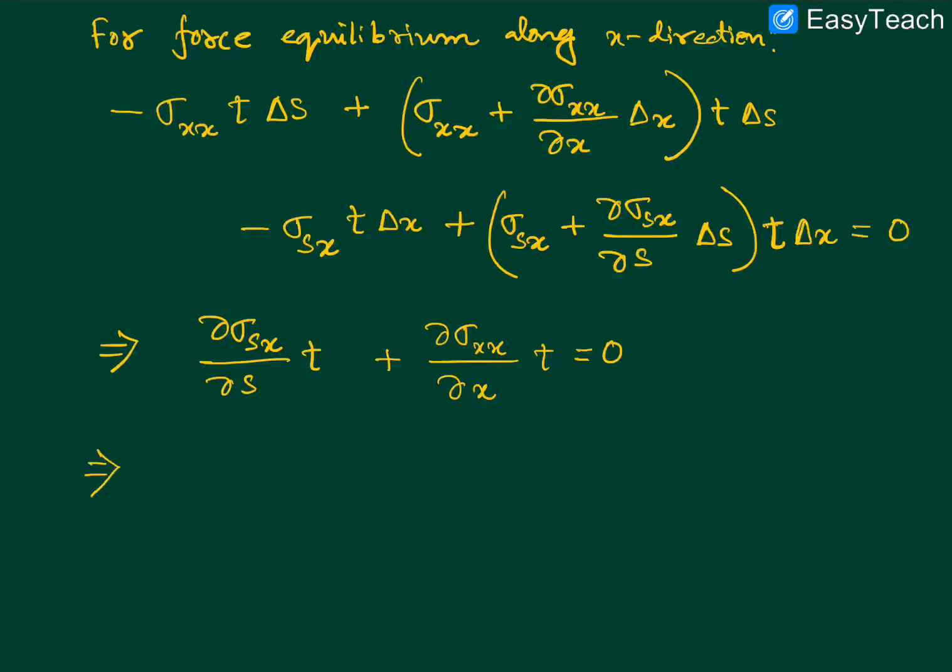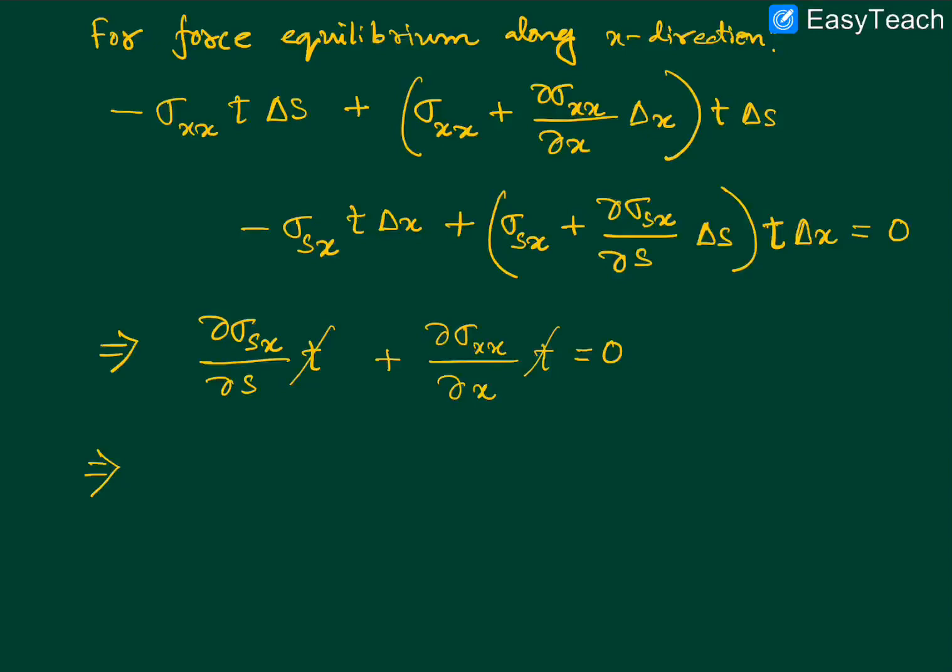What we'll do is transpose the sigma xx term to the right hand side, and we will integrate. So you understand that this t cancels, and we are going to transpose this to the right hand side, and then we will integrate both sides with respect to s.